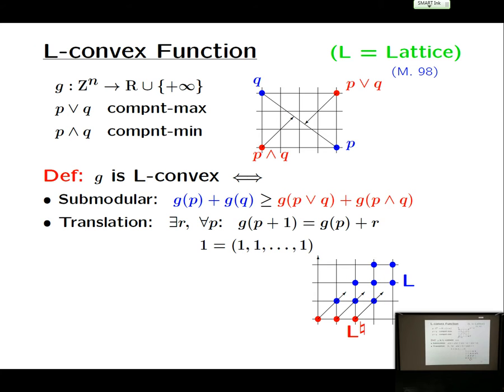So if r is 0, then all the function values are the same in this direction. We have one extra dimension. So instead of considering a function on Z^n, we may just drop one coordinate to define the function on this coordinate plane. This is the L-natural convex function.